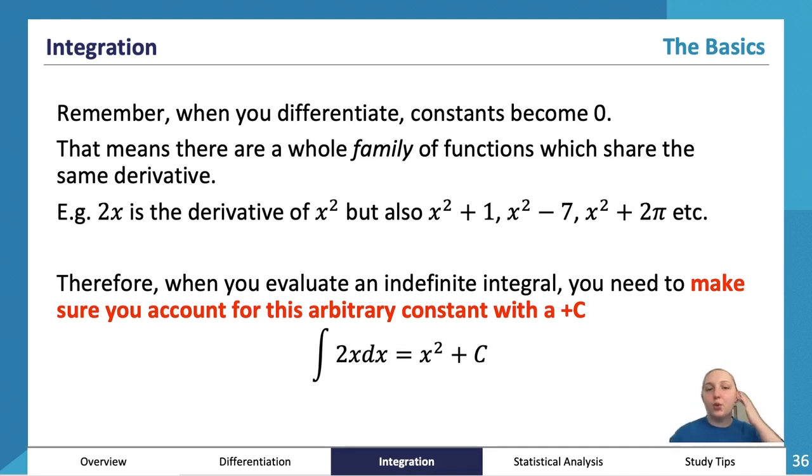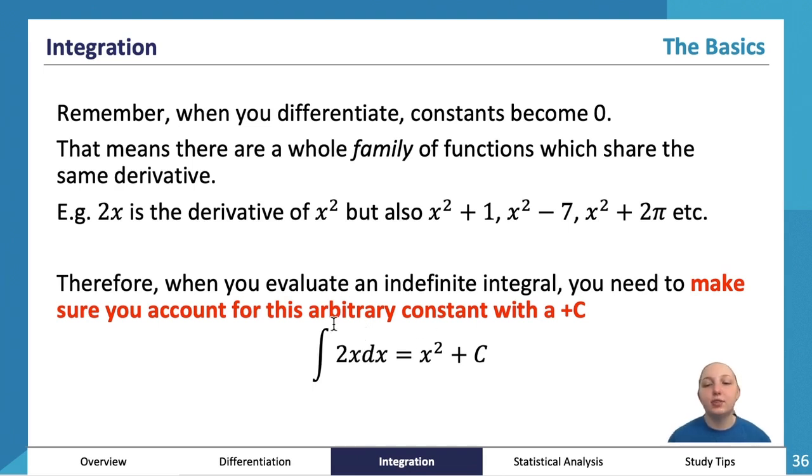In order to account for the fact that you can't just magically guess what the constant is, when we evaluate an indefinite integral, the indefinite being the fact that we don't know what the constant is, we need to account for the arbitrary constant with a plus c.